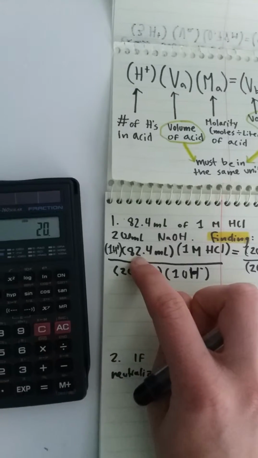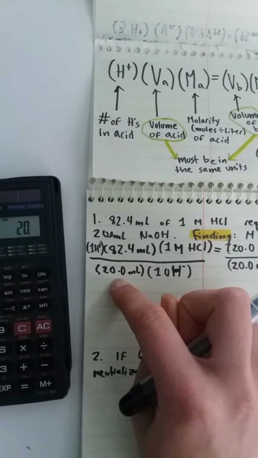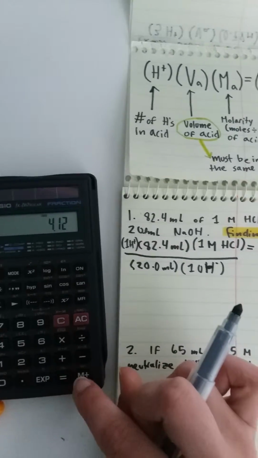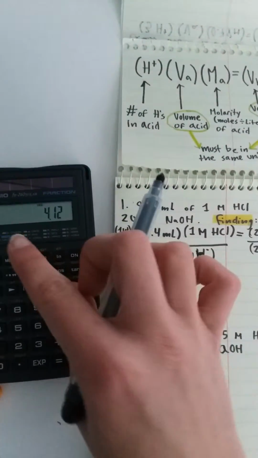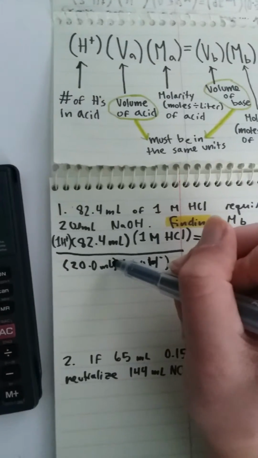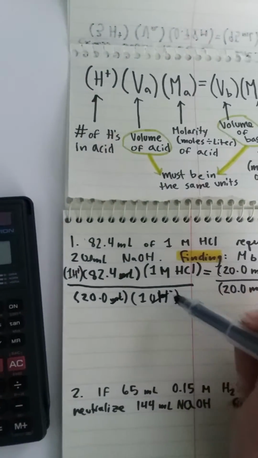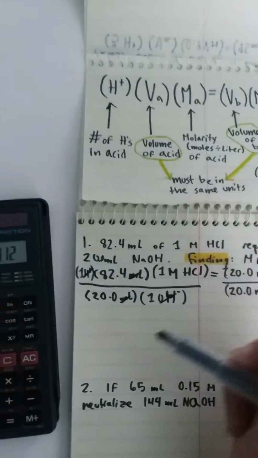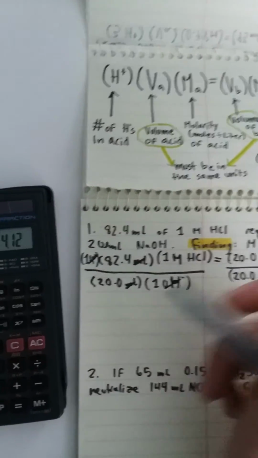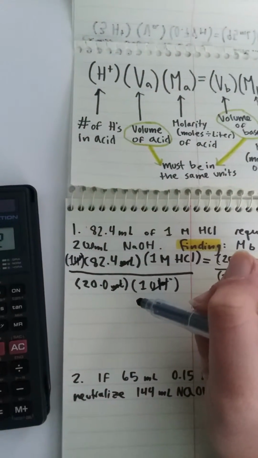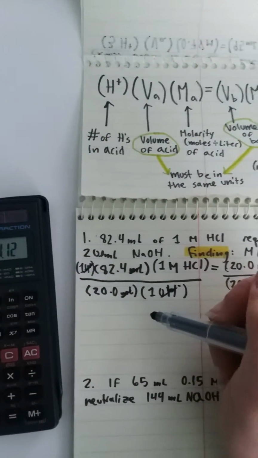So basically you just have 82.4 milliliters divided by 20 milliliters, because everything else is 1. So we get our answer. And again, these units will all cancel. And I guess these cancel too somehow, just because they're kind of the same. They're basically like moles.